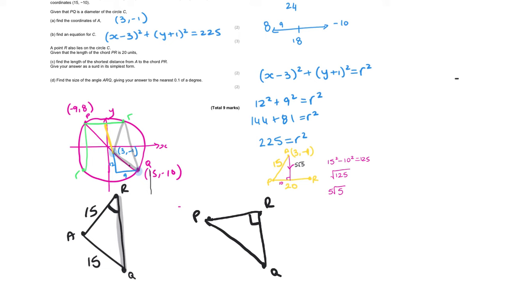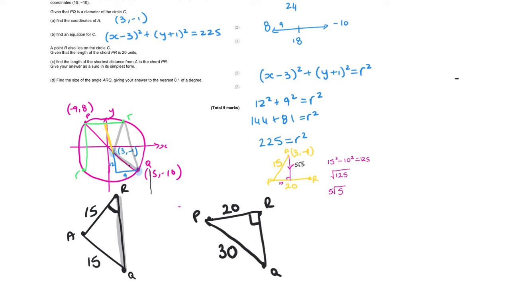This is where we use circle theorems. We know that PR is 20, and PQ is, what did we work out? Did we work out the radius? Yes, 15. So this must be 30.